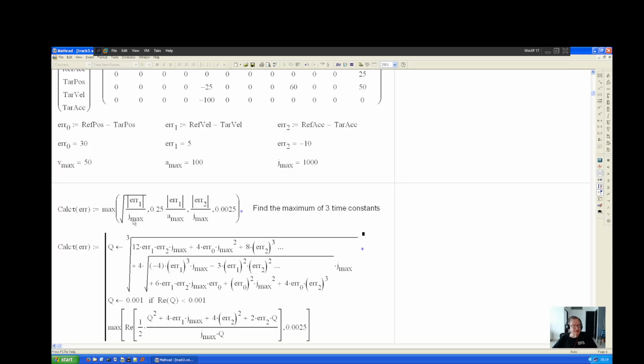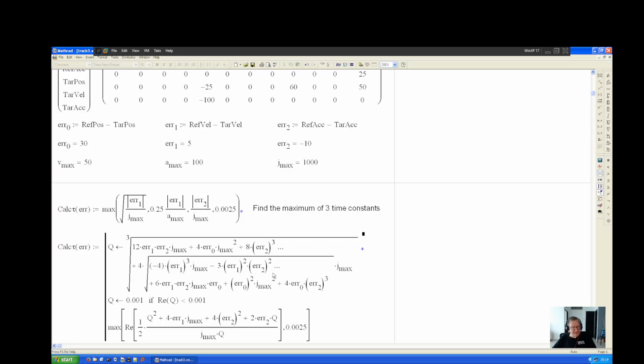And here I'm using the jerk and the acceleration, but because I'm using the square root, it takes the 1 over the time squared, and then I take the square root of it, so I just get a time. So what I'm doing is calculating the maximum of these 3 different errors to calculate a dynamic time constant.